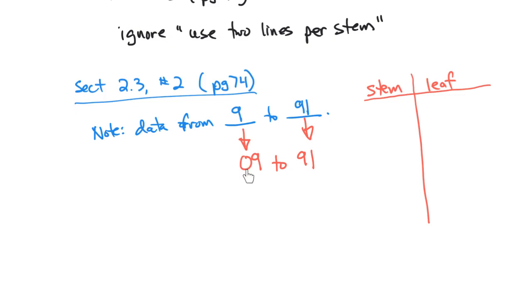So from 0, and then 1 for the numbers in the teens, 2 for the numbers in the 20s. We have to go all the way to the 9s. So we set up our stems like 0, 1, 2, 3, and we go all the way to 8 and 9. And then the leaves would be the individual ones places of the numbers. So for this number, 09, the leaf would be 9.